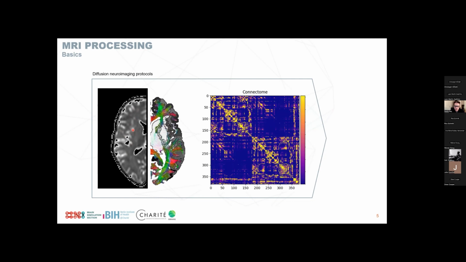Like if the chances of a molecule to go through these volume elements that we have, if the probability of it to go back and forth is very high, there's a high probability that maybe there's a bundle of tracks going in this direction as opposed to left to right. So there's a bit of the idea of how the probabilities of tracks depend on the movement of the molecules that we track with diffusion imaging.